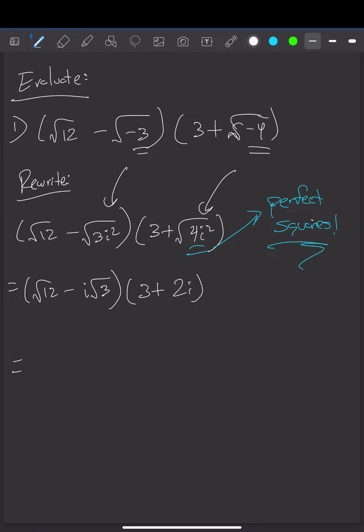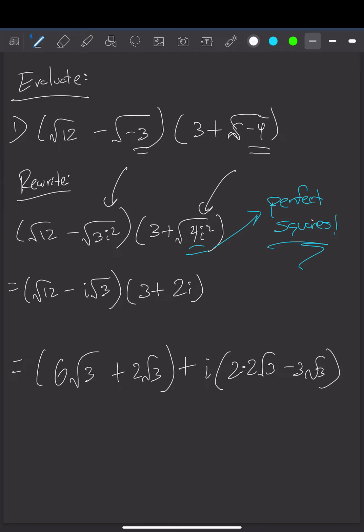So what I mean by that is, after you FOIL, you should have 6 radical 3 plus 2 radical 3 i, plus i times 2 radical 3 minus 3 radical 3. Oh, that's multiplication.